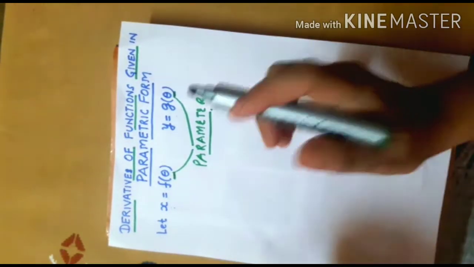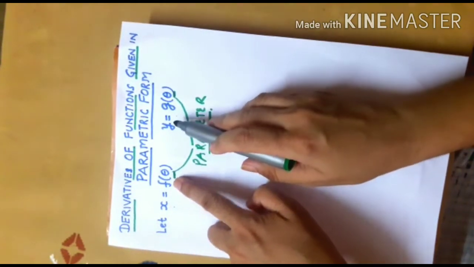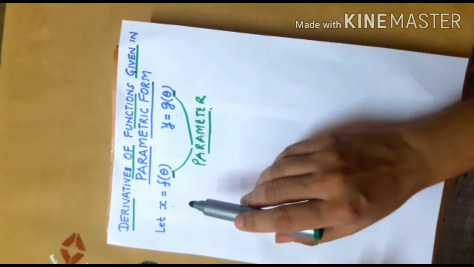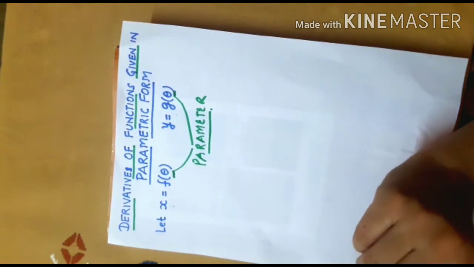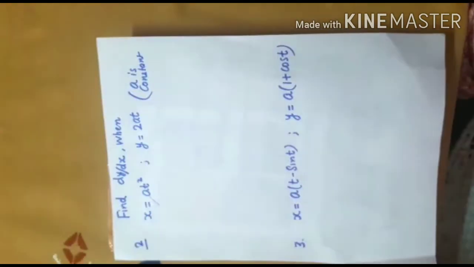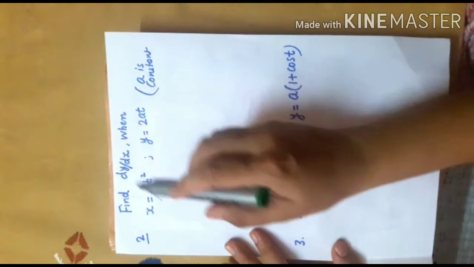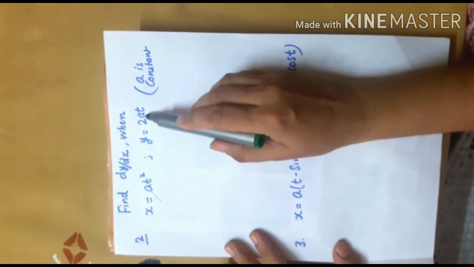And when x and y are given in such a manner, then we say that the function is given in its parametric form. So today we will discuss how to find the derivative of a function given in its parametric form. Let's take one example. Find dy by dx when x is equal to at square, y is equal to 2at.